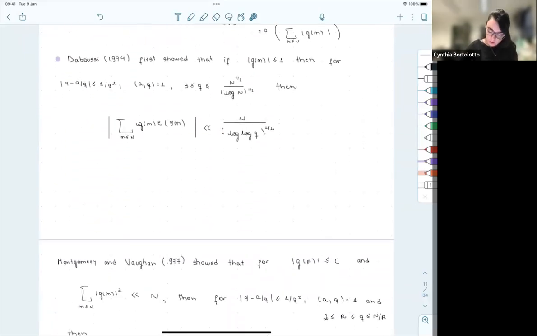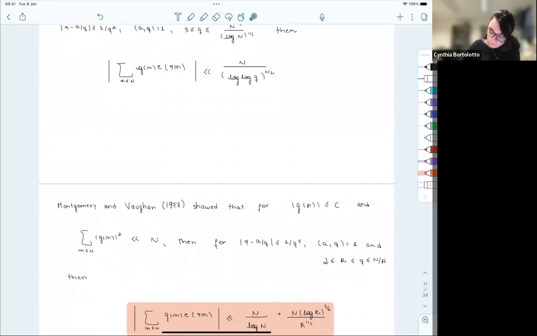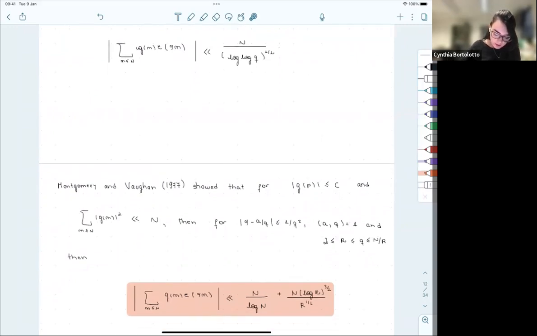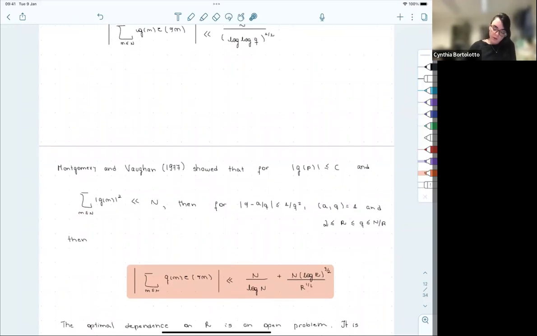And Montgomery and Vaughan in the 70s showed that if we have a multiplicative function that is bounded on primes, and if we suppose that the sum of the squares is bounded by N when we sum up to N, then we can also get some decay. It is as follows.